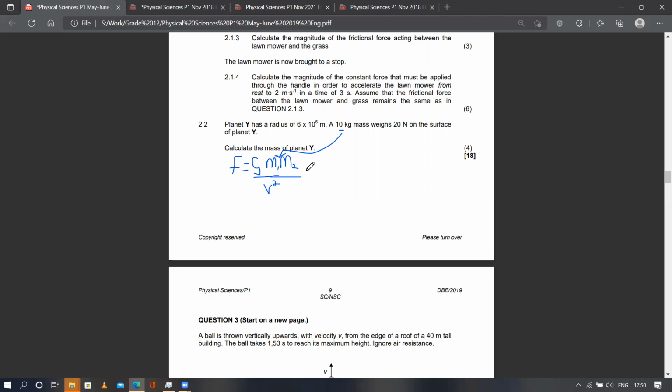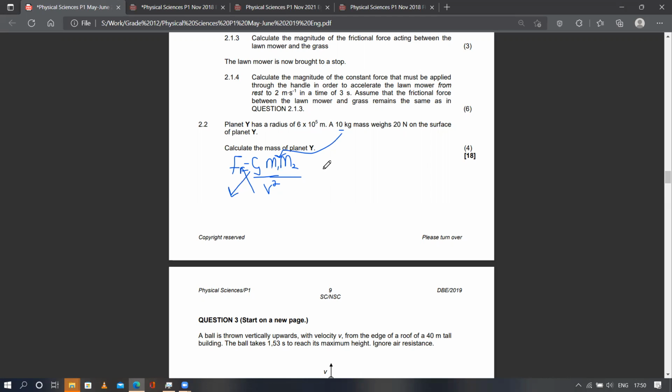So now we have to find M2. We can just start off by making M2 the subject of our formula. So this is going to go to that, then this is going to be here.